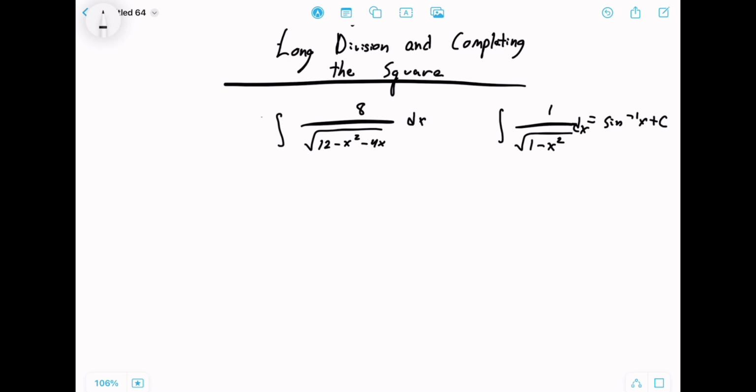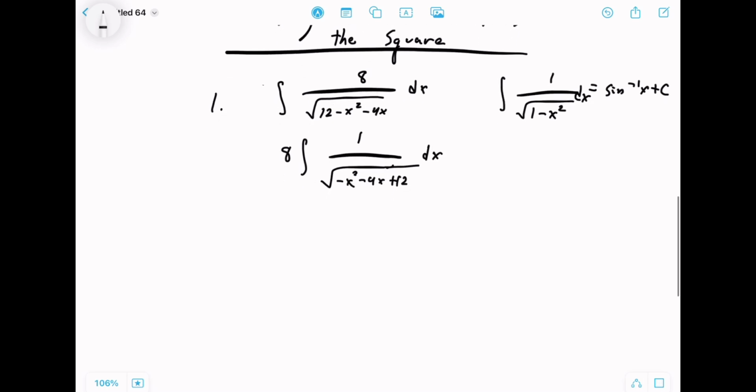Well, the first thing I can do is take out that 8. So I get 8 times the integral of 1 over the square root, and I'm going to rearrange this to do negative x squared minus 4x plus 12 dx.